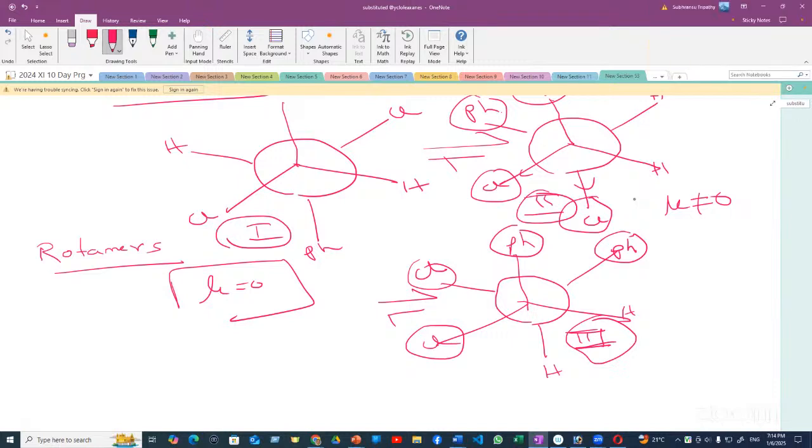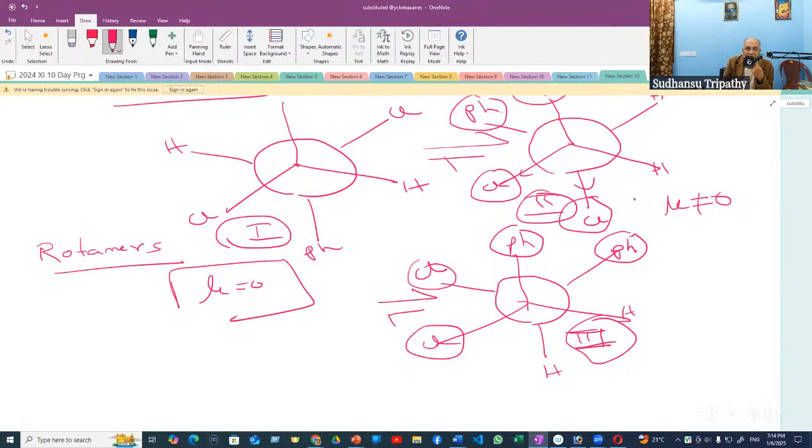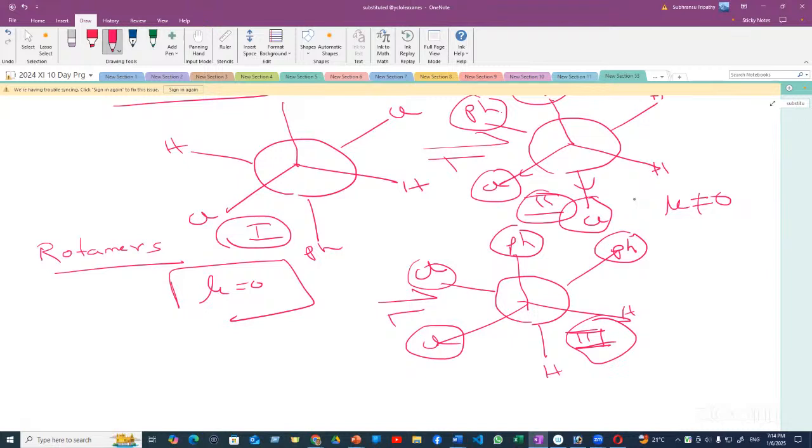Sir, can you repeat the question? The question is, out of the 3 rotamers, which is most stable, and hence the meso form of 1,2-dichloro-1,2-diphenylethane will exist abundantly in that particular rotamer. Sir, the first one.